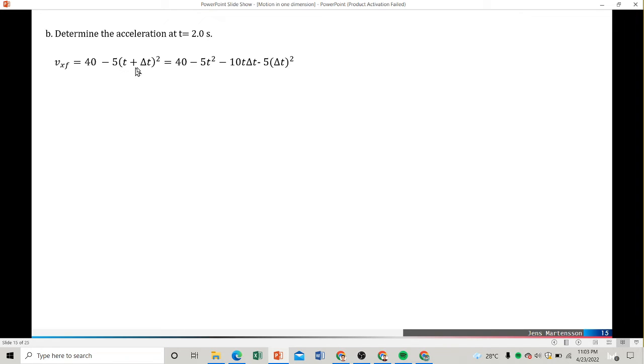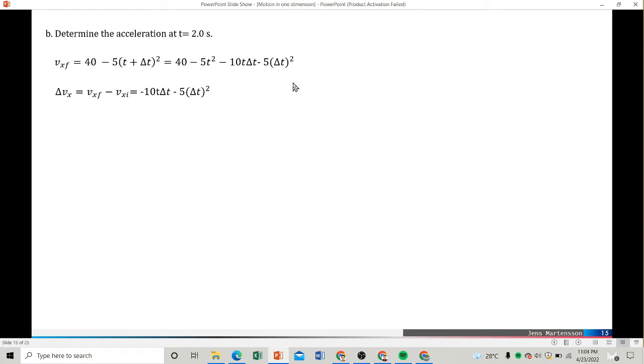So we have t plus the change in t, that's our final time. So to get Vxf, with time t plus change in t, the required expression is 40 minus 5 times t plus change in t, squared. If we expand it, it becomes 40 minus 5t squared minus 10t change in t minus 5 change in t squared.